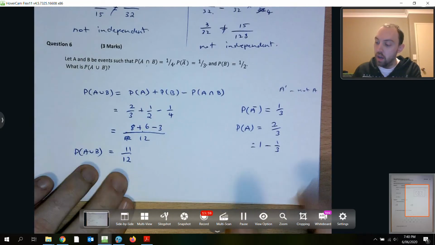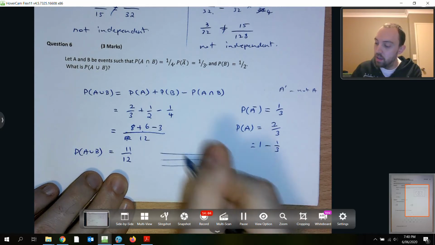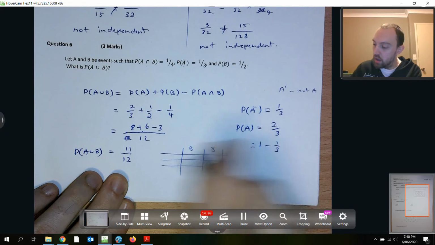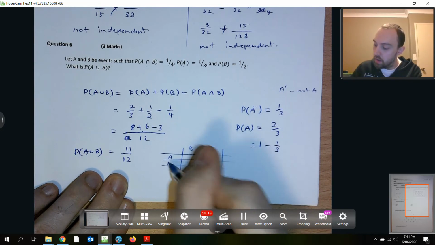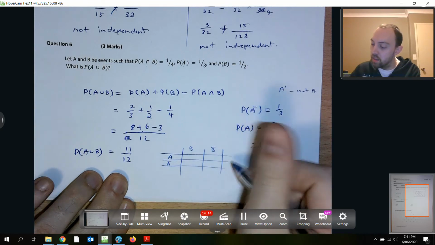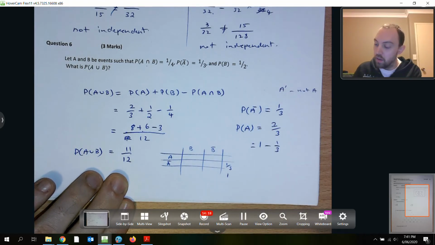Some people might like the two-way table idea. You can set yourself up like this. Then you can say the probability of not A is 1/3. Probability should all come together as 1.